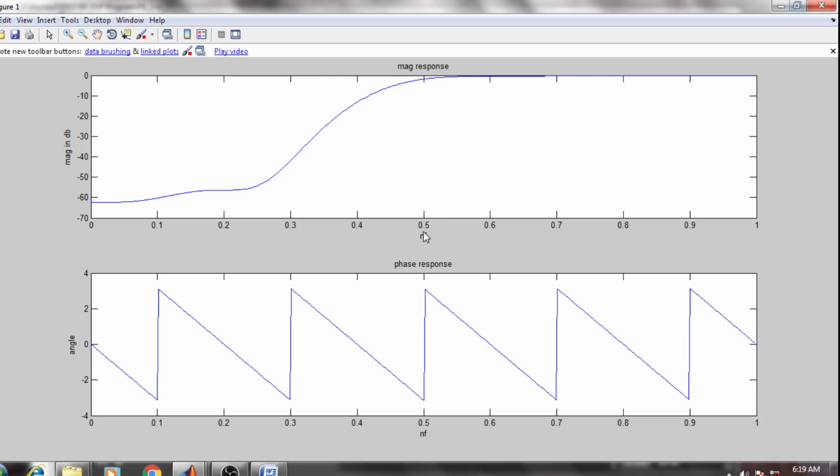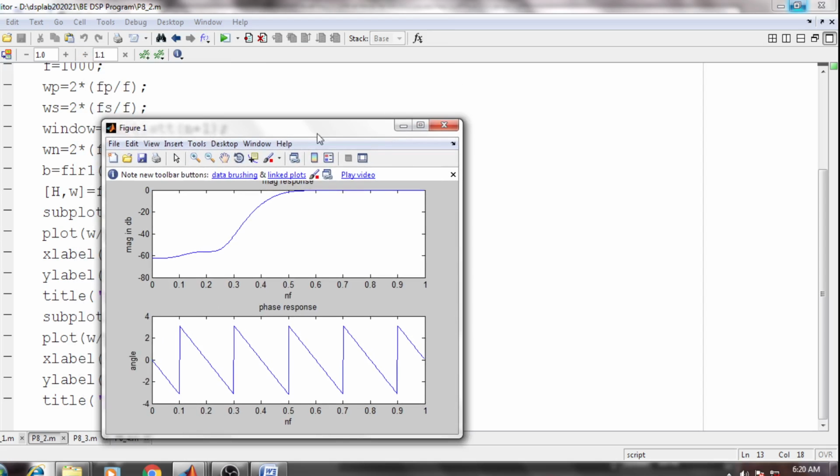In the magnitude plot it is observable, and in terms of the phase plot the entire wave is similar. There is no huge change between the pass band and stop band, but for your identification, the magnitude plot is enough for your understanding.